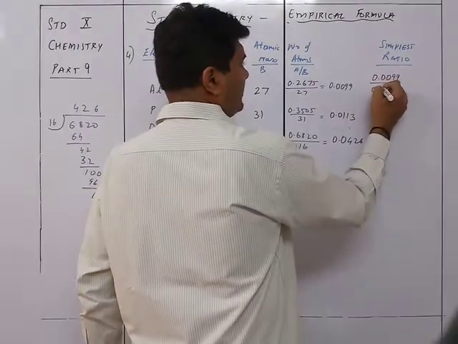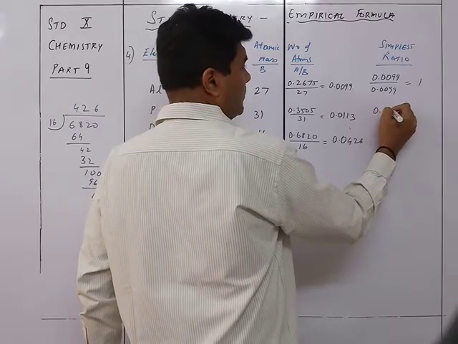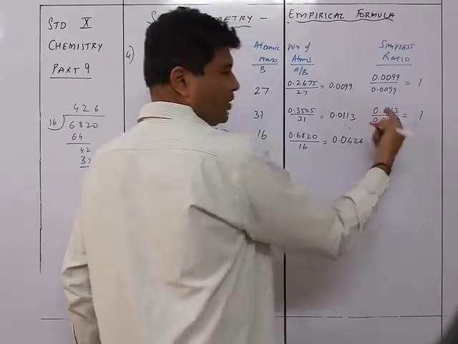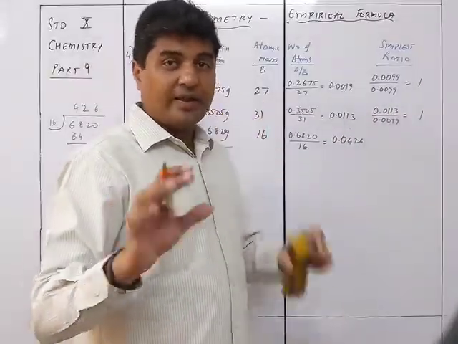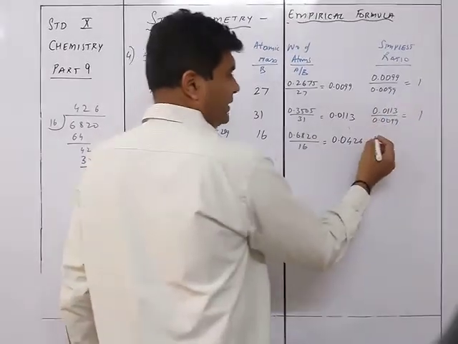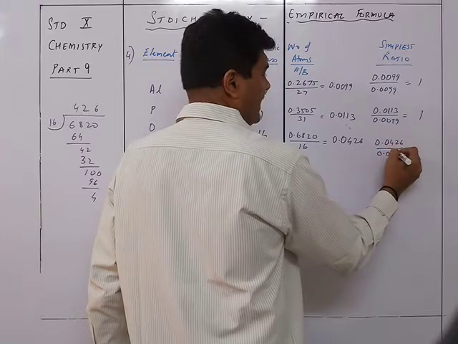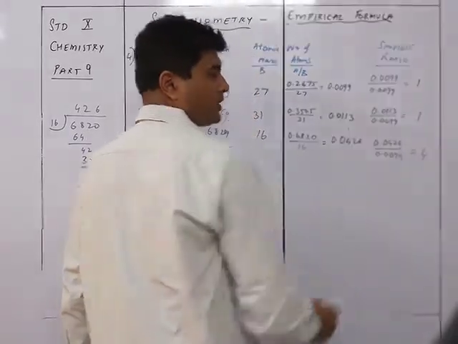Accordingly, 0.0099 upon 0.0099 is equal to 1. 0.0113 upon 0.0099 is 1 again, because this is almost like 100 and this is 113, so it comes to 1 point something, so I'll keep it as 1 only. And 0.0426 upon 0.0099 is about 4 times.